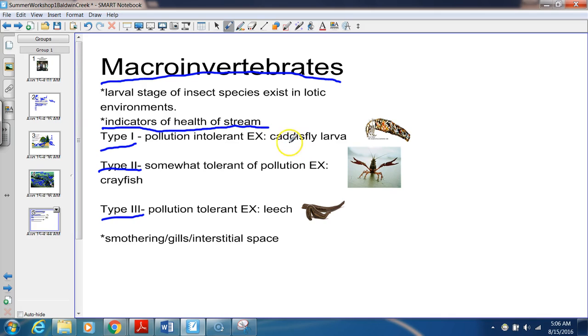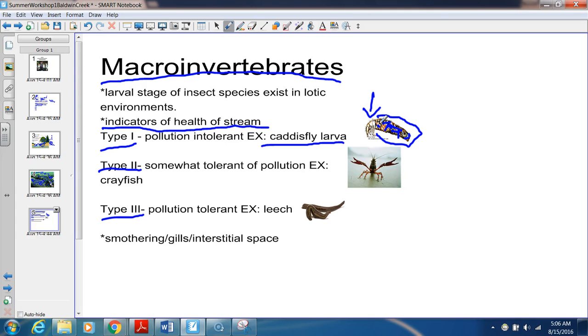An example of one that we actually saw is a caddisfly. Now, caddisflies are really cool. This is the larval stage of a caddisfly. What they do is they secrete a sticky mucus, and that mucus they use to trap sediments or whatever is in the benthic substrate of the stream, and they make like a little house. So it's like a little tube within which they live. And you'll find caddisfly larvae on the undersurface of rocks in streams.